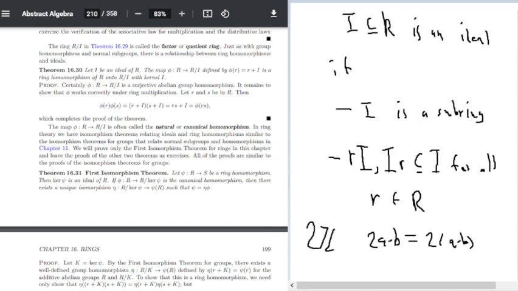Certainly, phi from R to R over I is a surjective abelian group homomorphism. It remains to show that phi works correctly under ring multiplication. Let r and s be in R. Then phi(r)phi(s) is equal to (r + I)(s + I), which is equal to rs + I, which is equal to phi(rs), which completes the proof of the theorem. The map phi from R to R over I is often called the canonical or natural ring homomorphism.